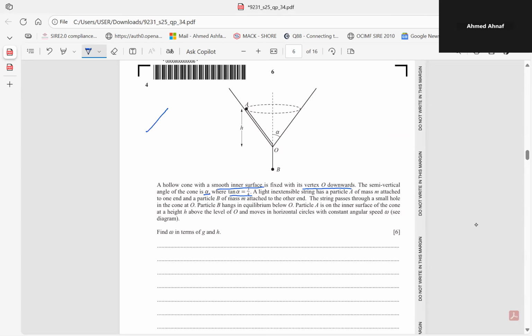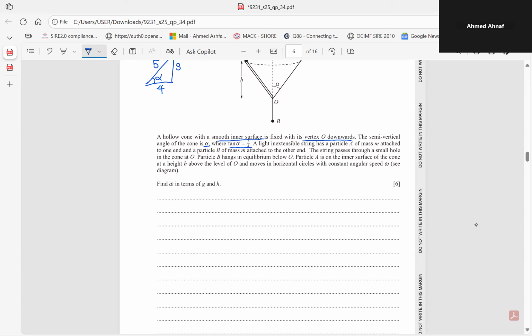Using this, we can construct a right angle triangle. The side opposite the angle alpha is 3, and the side adjacent to it is 4. Using Pythagoras theorem, we can easily figure out this side is 5. This would be helpful in determining what sine alpha and cosine alpha are later on.